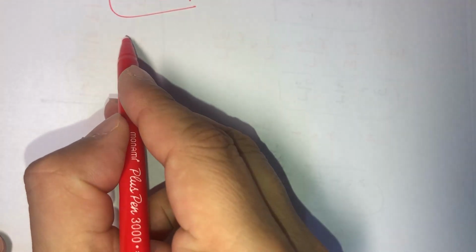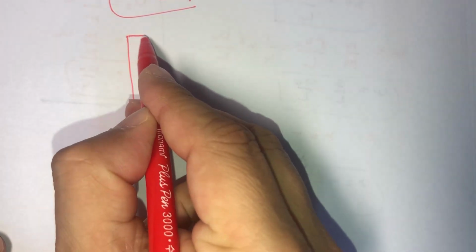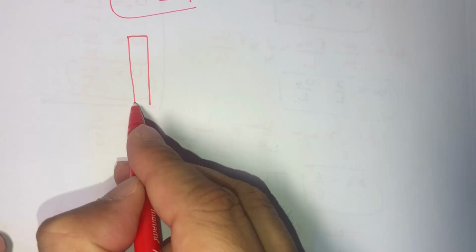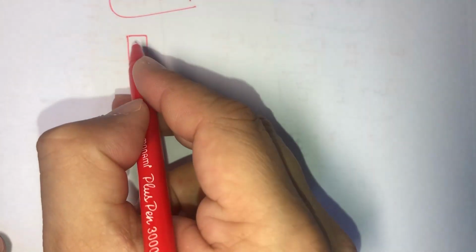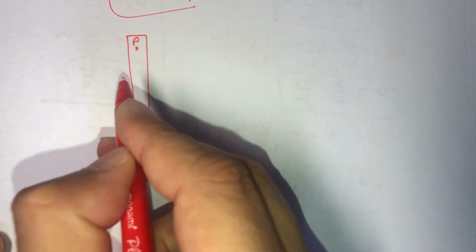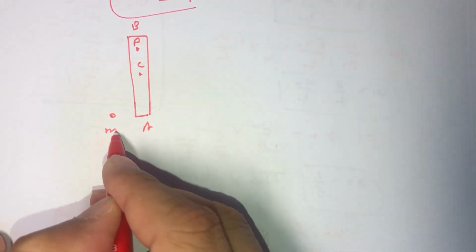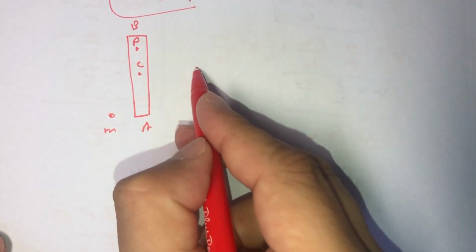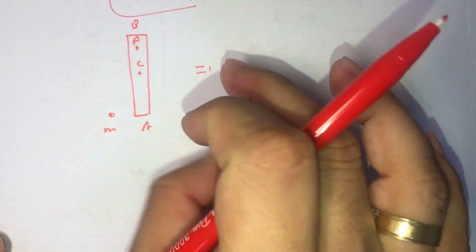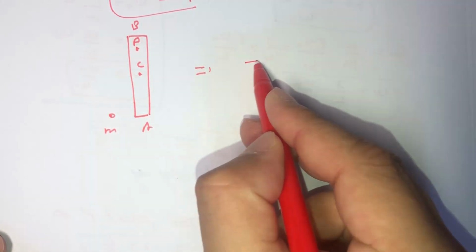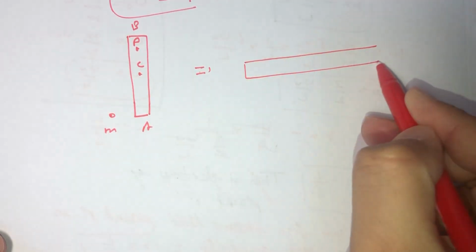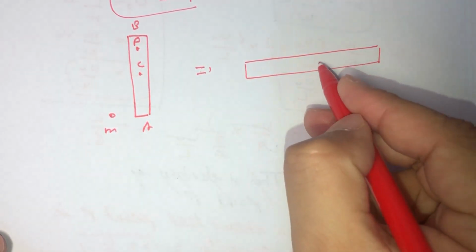So at time t, the rod will be at an angle of 90 degrees with respect to the previous position. The previous position which we have assumed is a vertical rod, something like this, and this was our point P, this was the center of mass, this was our B and A, and this was our mass M. When it rotates by 90 degrees, this will be the final position at time t.